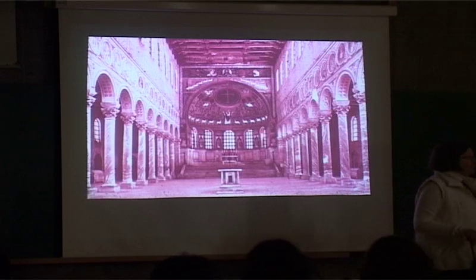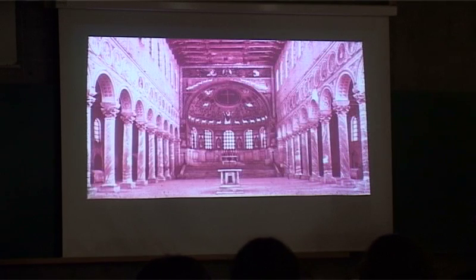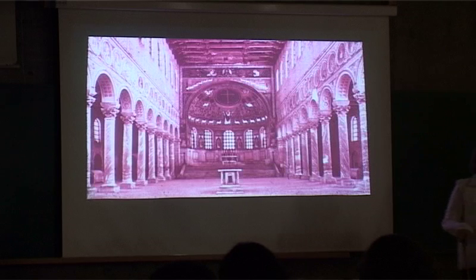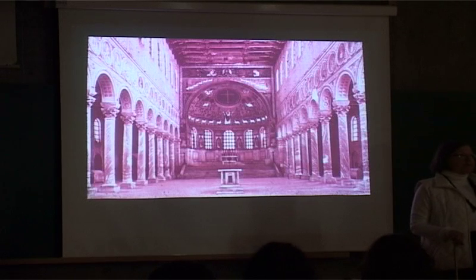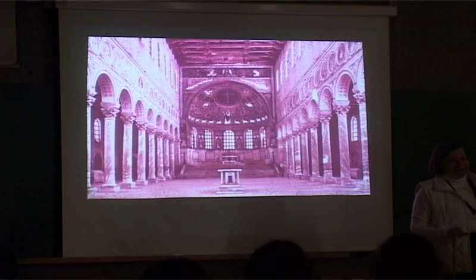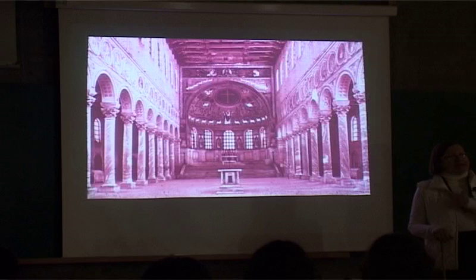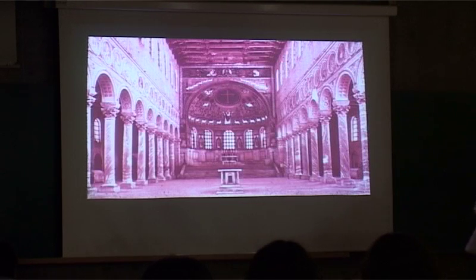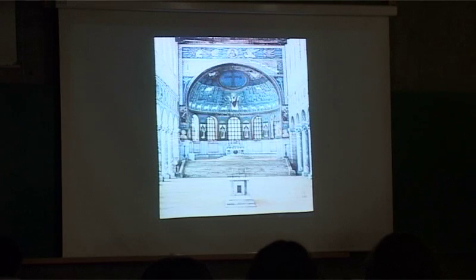So, stories from the Bible, images of Christ, images that propagate Christianity are now finding their place into the religious architecture, which is under the sanction of the imperial court. I mean, Justinian is propagating this art, but the imagery is beginning to change.